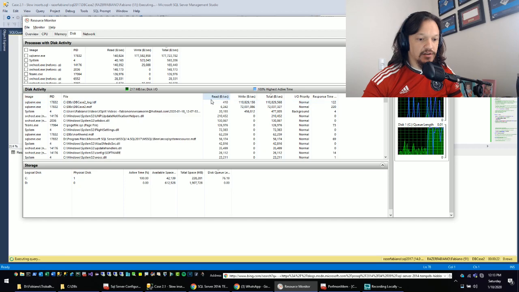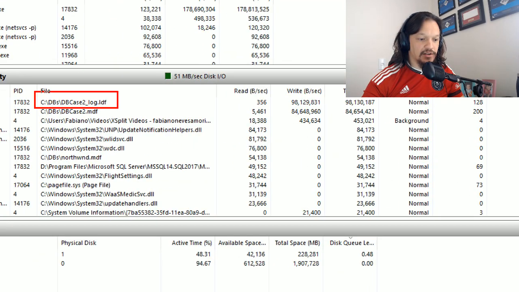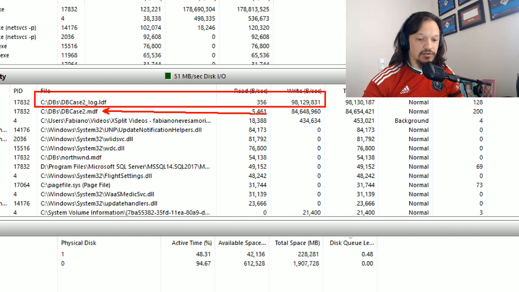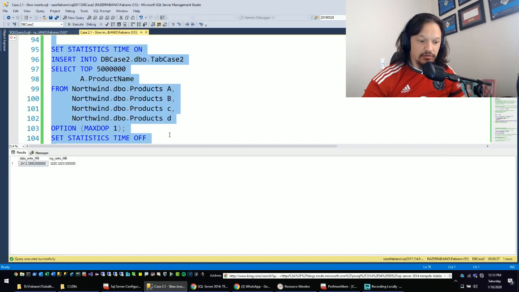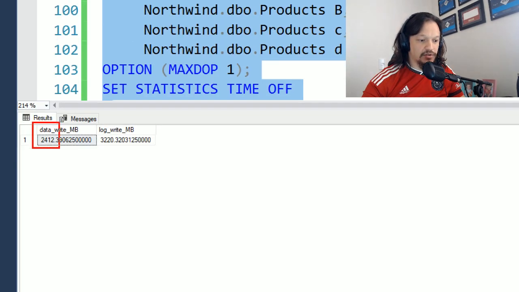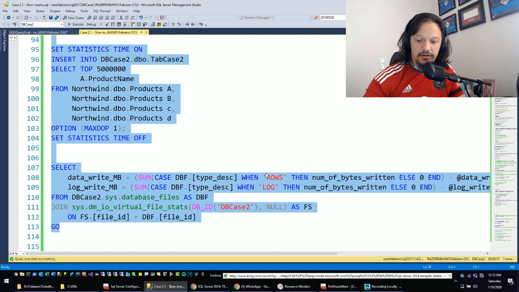If you look here at the resource monitor, you can see that I'm writing to the log and also to the data file, about 200 megabytes per second on the SSD. The query ran, and I wrote about 2.4 gig of data into the data file and 3.2 gig into the log file. It took 37 seconds.